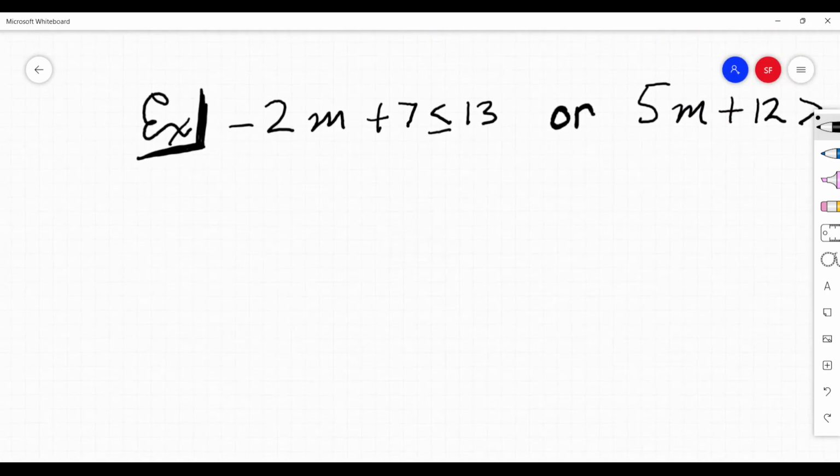To solve this first one, what are we going to do? Subtract 7. Bring down our negative 2m is less than or equal to, what's 13 minus 7? 6. Now what are we going to do? Divide by negative 2, and the sign's going to flip.